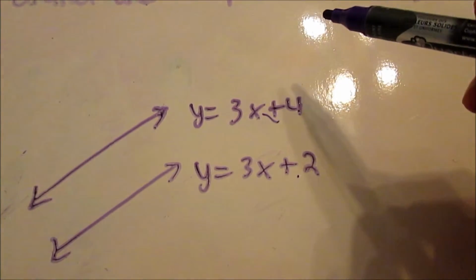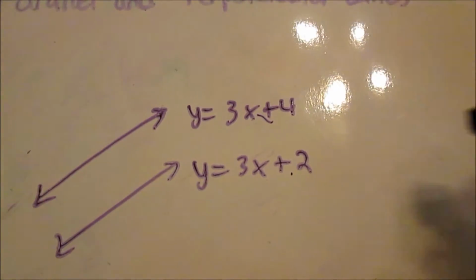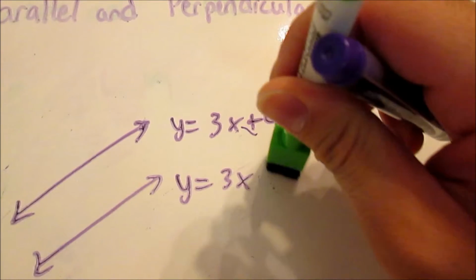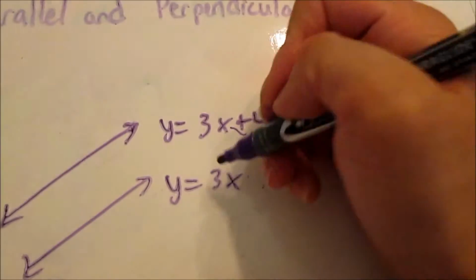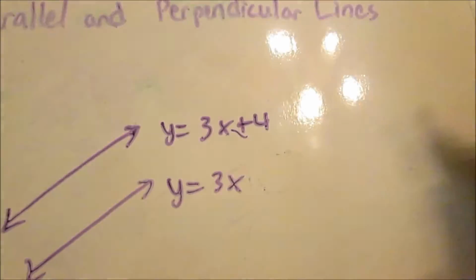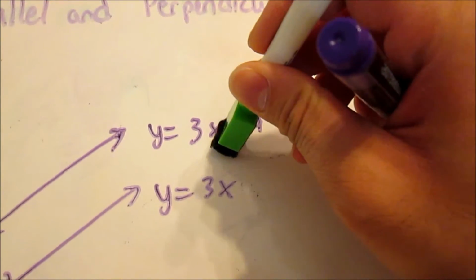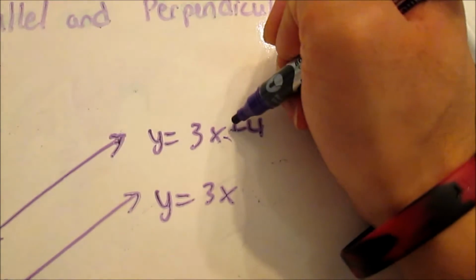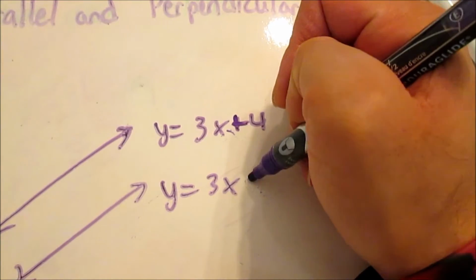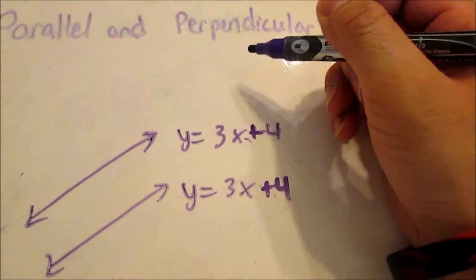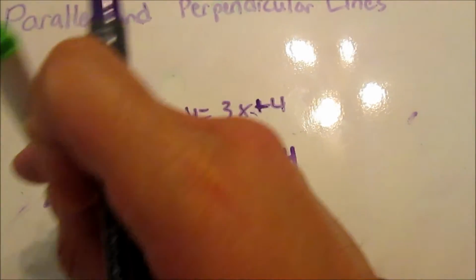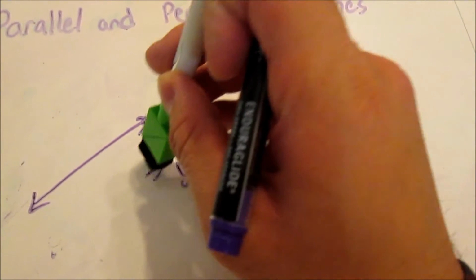They'll be parallel. Now, let's say they were the same y-intercept. Let's say they were both y equals 3x plus 4. Now, if that's the case, that means they are the exact same line.